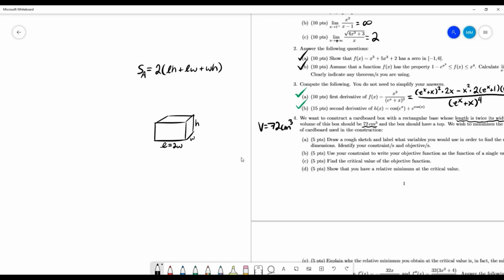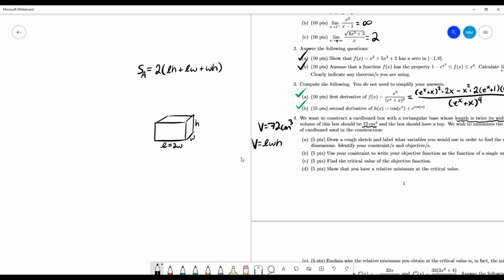Now from here, well, actually, before I plug anything up here, we want to put everything into a single variable. And since the length is 2 times the width, I've got 2w and w, I'm going to try to turn everything in terms of w, which means we need to figure out what our height is in relation to the width. That's not something we can really do with this equation right here, but I know that volume is length times width times height.